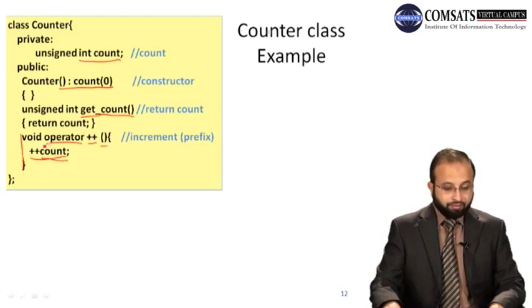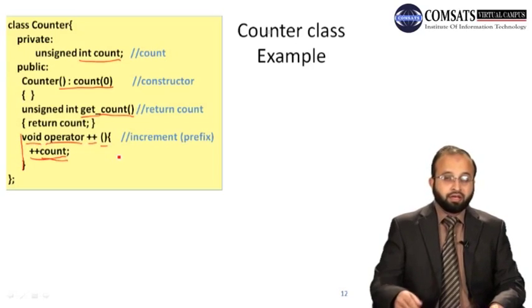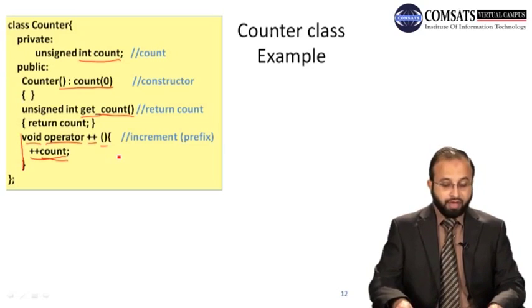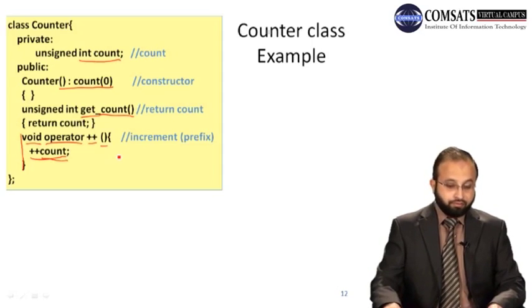Now the return type of that function is void, because this function returns nothing. We will see that there are some situations where we have to return some value from that function, right? We will see those situations.